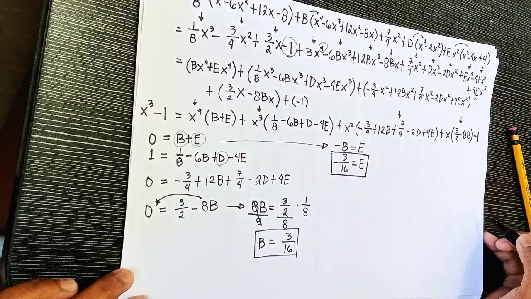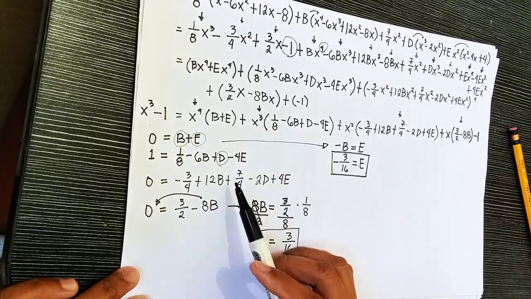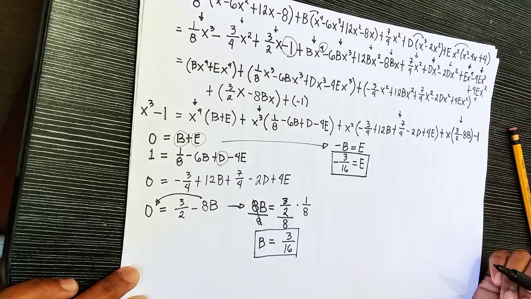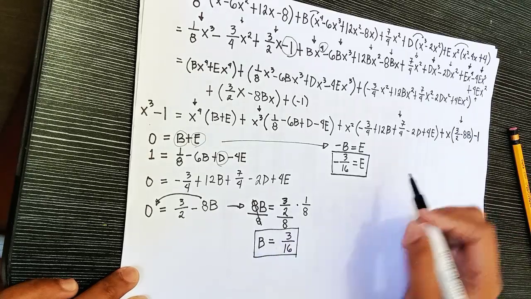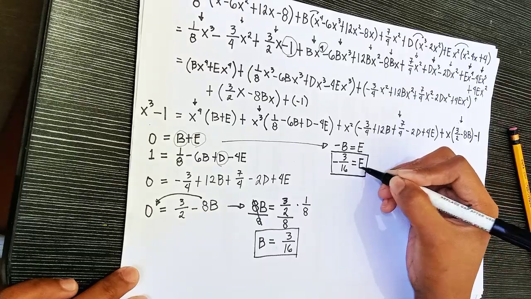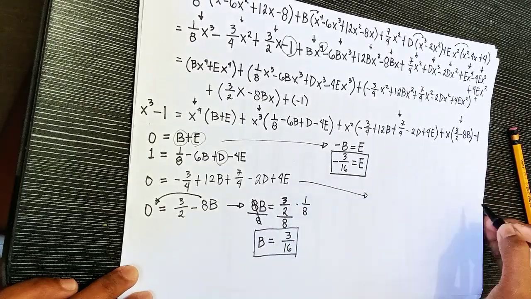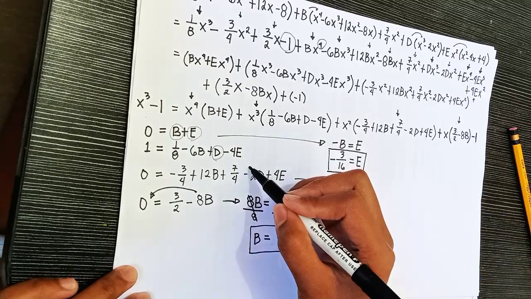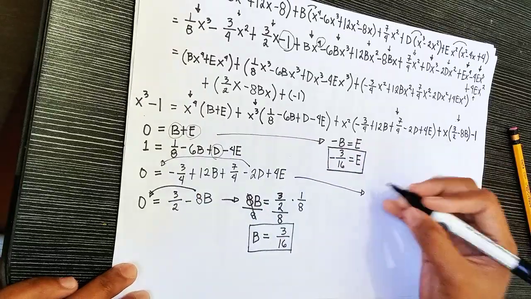Now, what we still need to find is the value of our variable D. Since we got the value of B and the value of E, we can use our third equation to solve for D. So, we will transpose negative 2D to the other side of the equation.